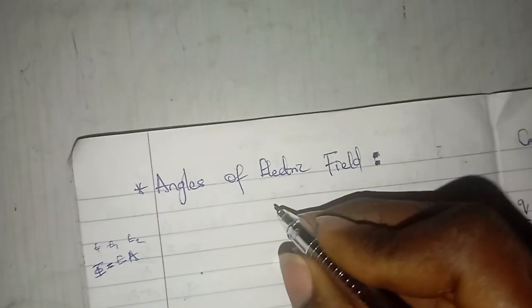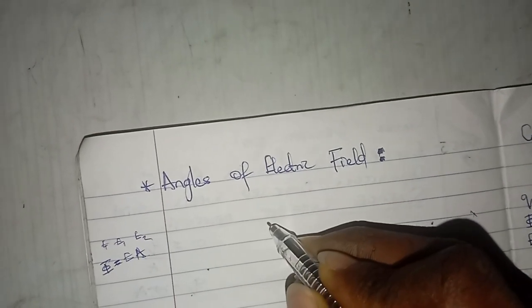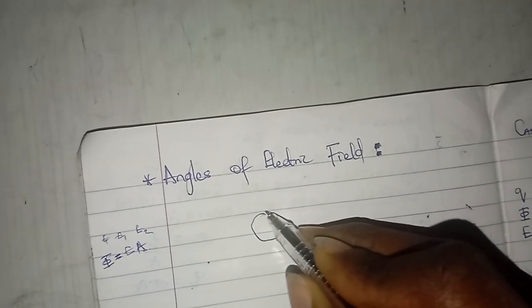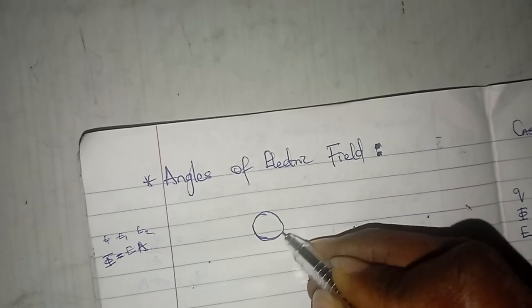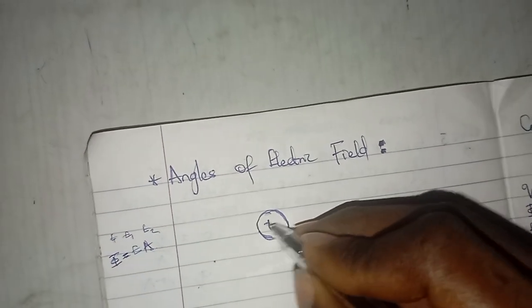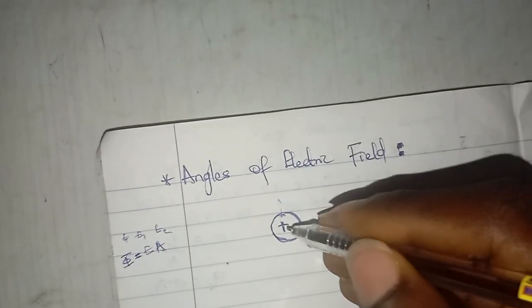So if I know this, it simply means that if I have, for example, a disc. Let's say I use a sphere. Let's say this is a sphere. Or let's say I use a circle. Then I have a point charge here. Now this charge can move this way.